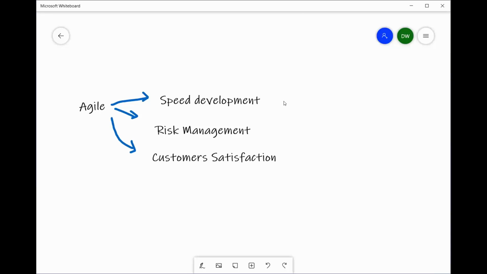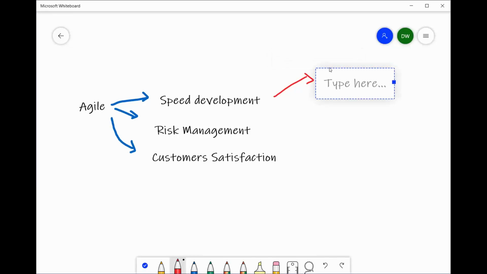So when we come to speed development, how is this process fast? The agile process does not like to have a large number of documents.